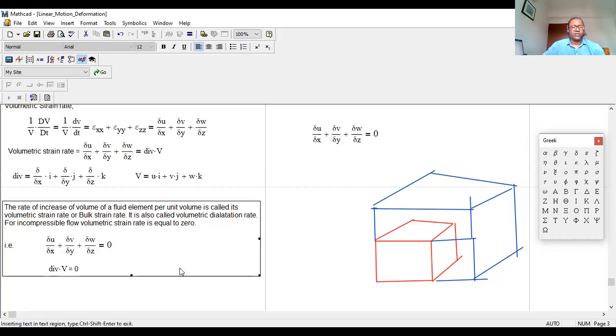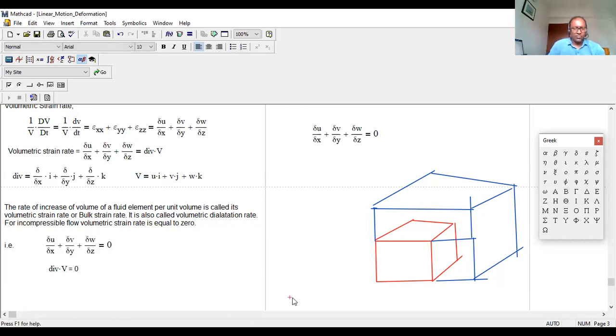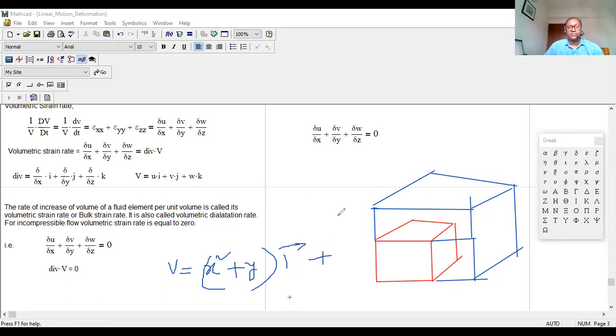Okay. What I can do, let me just write it down instead of typing, that will be easier. I can say V equals x square plus y into vector i, plus, I can say one more, z square plus x square into vector j, and one more vector k, right?